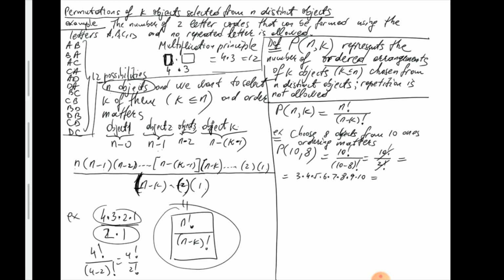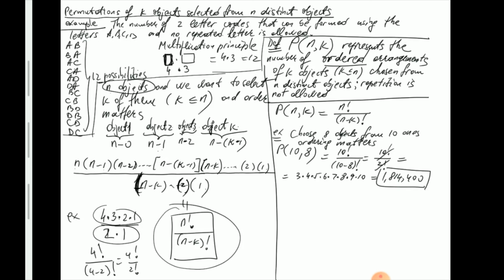Wolfram Alpha actually knows factorials. You can just enter them in terms of factorials. So 10 factorial divided by 2 factorial. That's going to be 1,814,400.